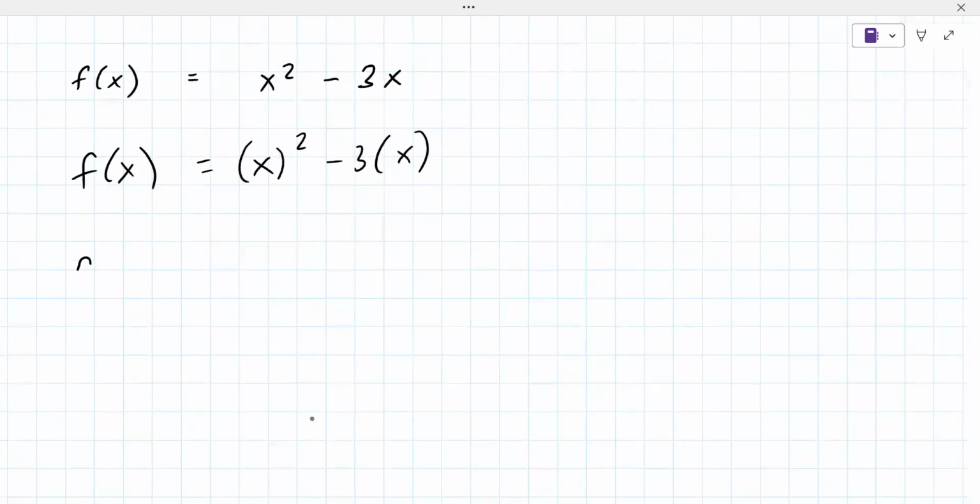So let's have you find f of -2. Equals 2.